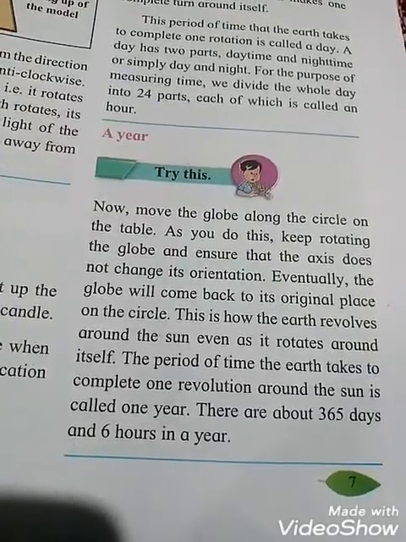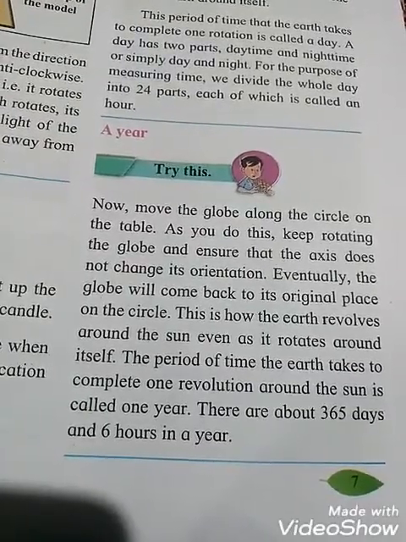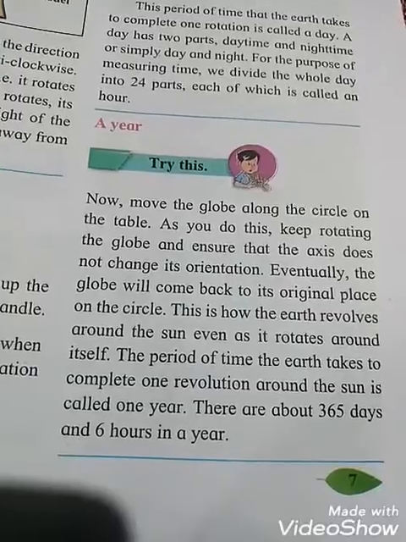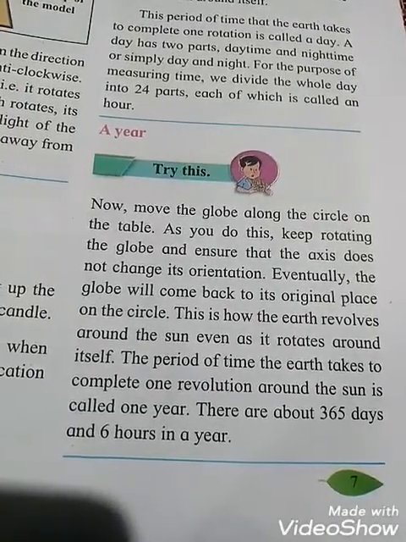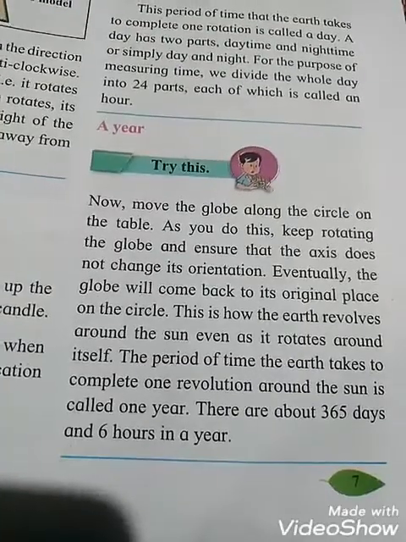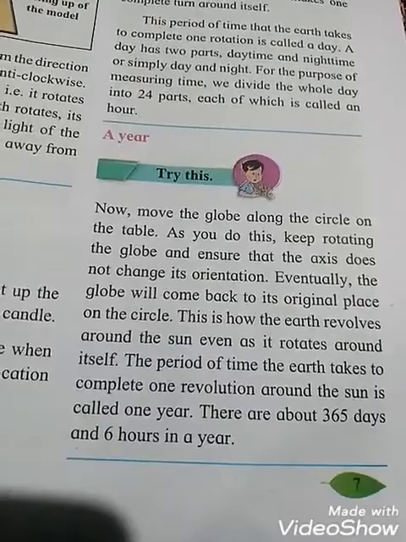You all know, students, that the earth revolves around the sun even as it rotates around itself. The period of time the earth takes to complete one revolution around the sun is called 1 year. The earth's rotation takes 1 day, 24 hours.